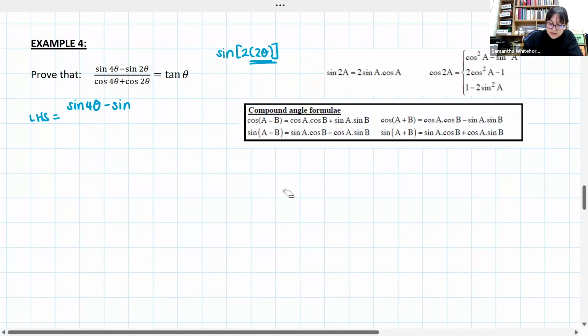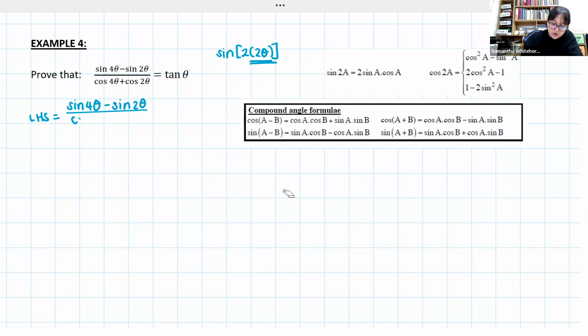And remember, sine double angles are the nice easy ones that you can go straight to. I would do that as my very first step because there's only one option. So I'm going to change my sine double angle, sine 4 theta.